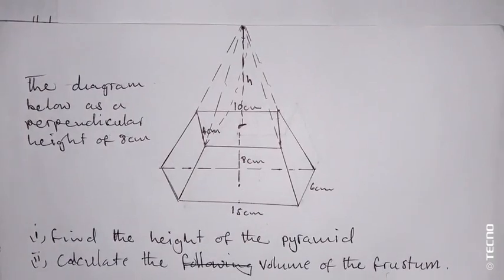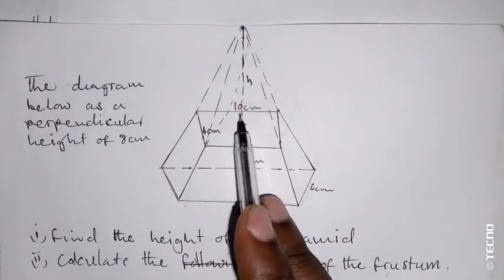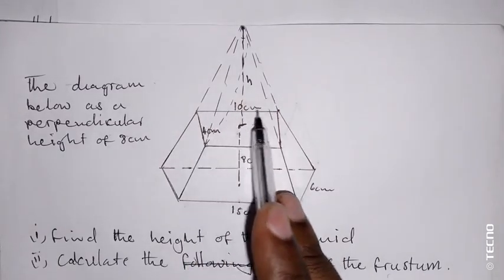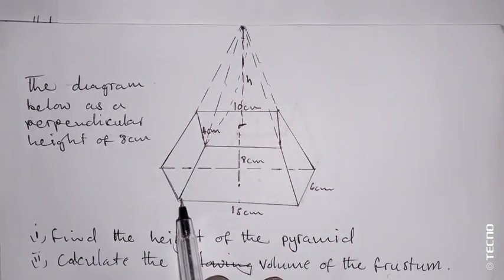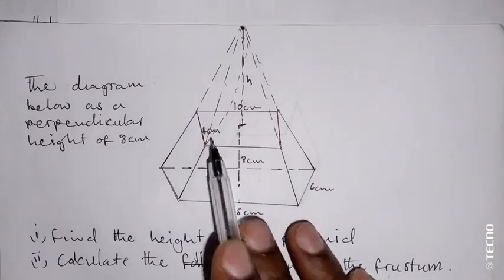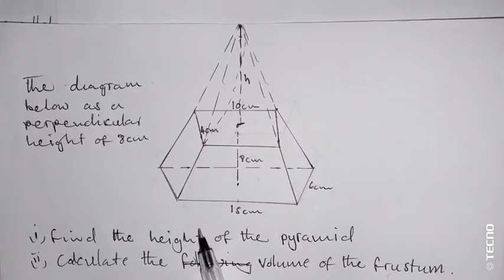Having this H, what you need to consider is what you have been given. This 10 here, this side here, is also equal to this side here. So all these ratios will be equal.